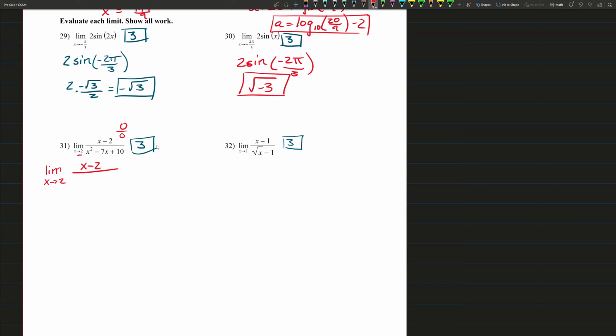The bottom, we need factors of 10 that add up to negative 7. So let's try x minus 5, x minus 2. You should notice that x minus 2 is a common factor. So this is going to be the same thing as the limit as x approaches 2 of 1 over x minus 5. Now when we plug in 2, this works. So we just get negative 1/3.